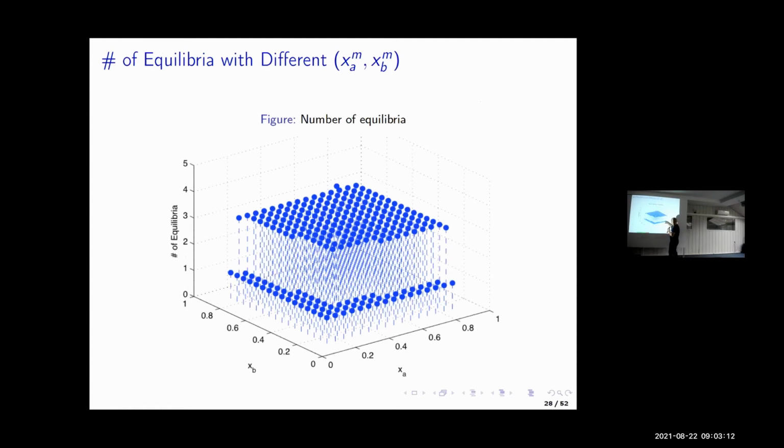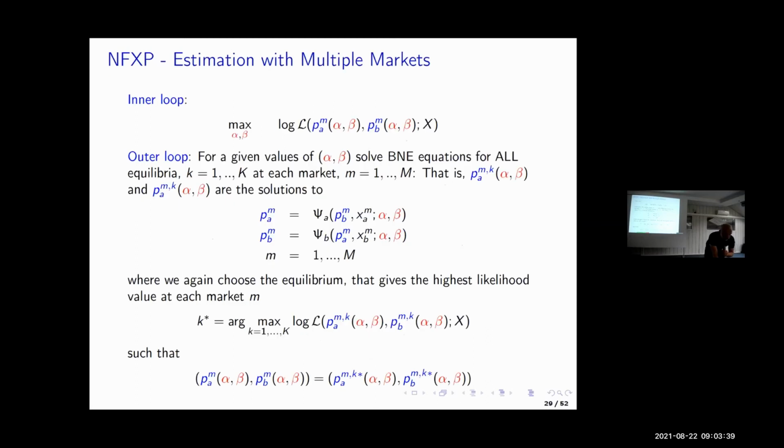In some markets, say where XB is very small relative to XA, you don't have to care so much about the other guy being there, so there's a unique equilibrium. You pretty much just pay attention to yourself. But in the more contestable case, there are multiple equilibria. And across the different markets, there's some heterogeneity in that.